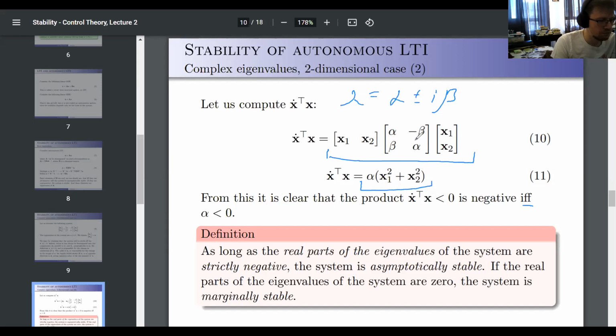So we found that for this particular matrix, the eigenvalue has to be negative. Okay, sounds interesting, but how much does it help? Well, at least we know now the criteria for this particular matrix. Now let's see if we can use it for a generalization, and we'll be able to.